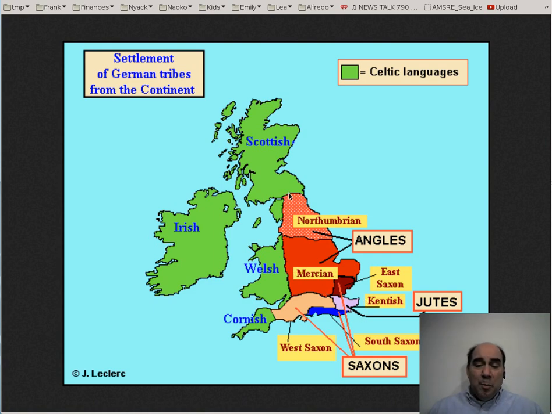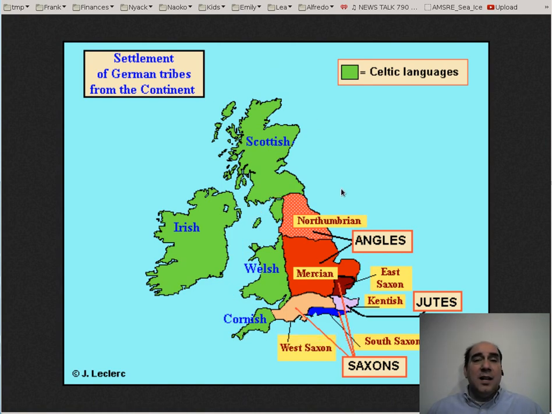Again, Mercia and Northumbria were taken over by Vikings eventually, and they tried to take over the whole island. We'll talk about that a little later. But so you have these dialects that are going on here. You have the Celtic dialects that are going on over here, and this whole section eventually gets taken over by one area, and that's going to be the English.